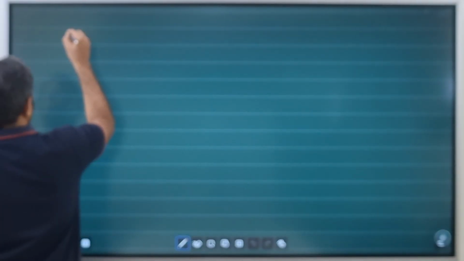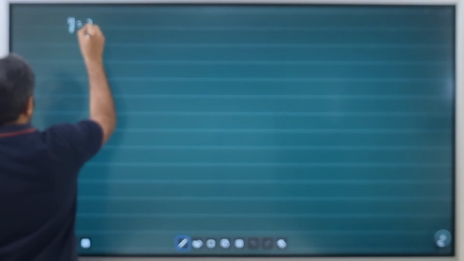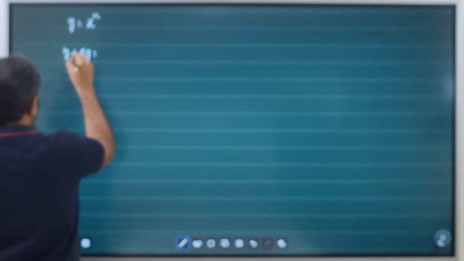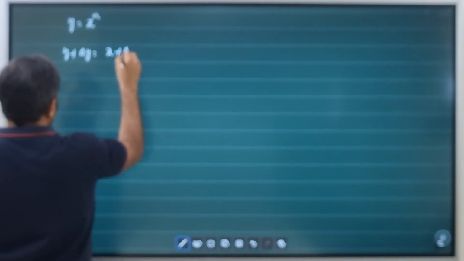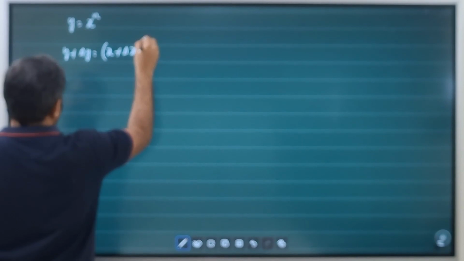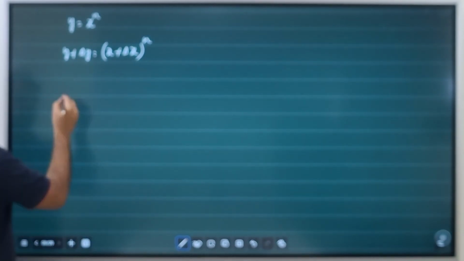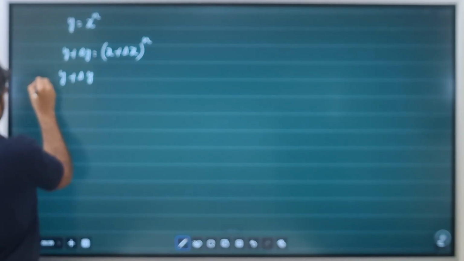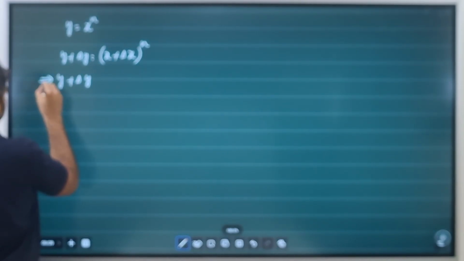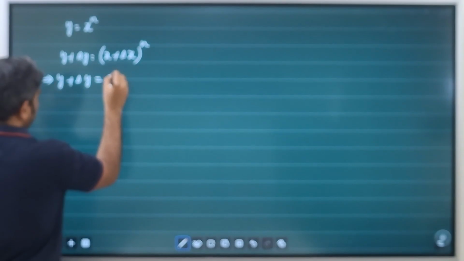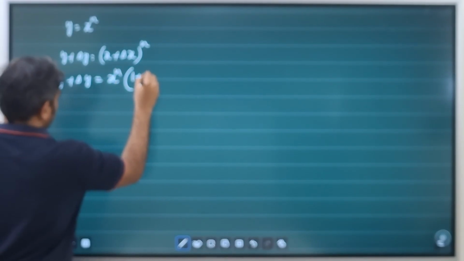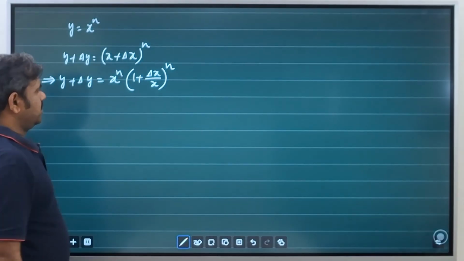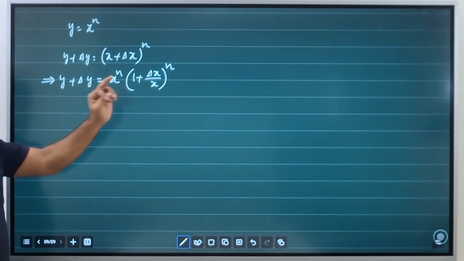So we have y is equal to x power n, y plus delta y is equal to (x plus delta x) whole power n. Taking x out, y plus delta y is equal to x power n into (1 plus delta x by x) whole power n. When you take x out, x comes in the denominator.